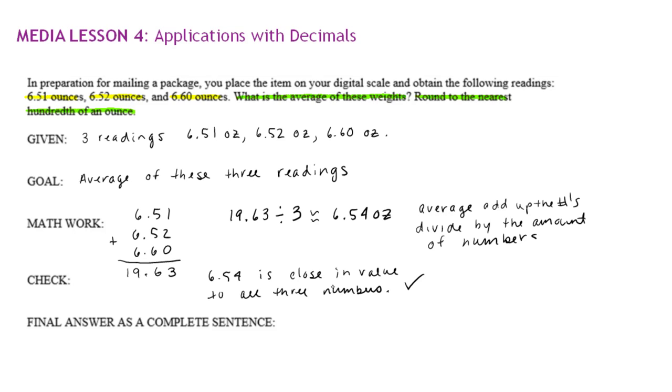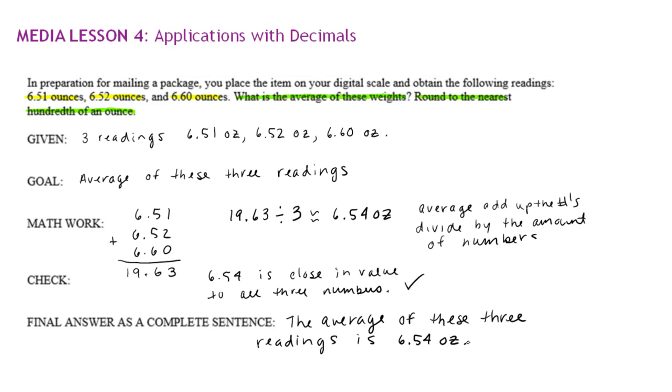So our final answer is a complete sentence. You want to look back to your goal. Our goal was to find the average of these three readings, and you can use that as the start of your sentence. The average of these three readings is 6.54 ounces.